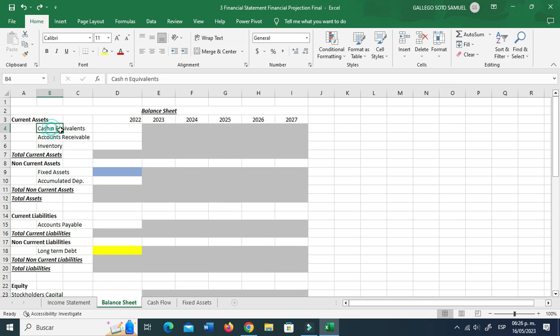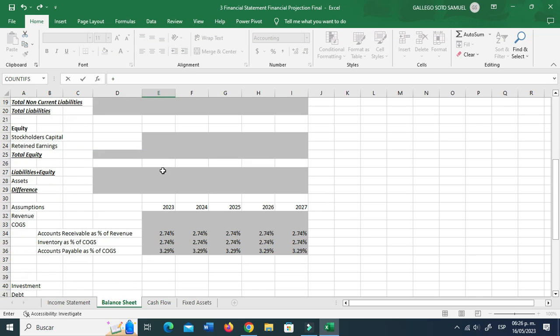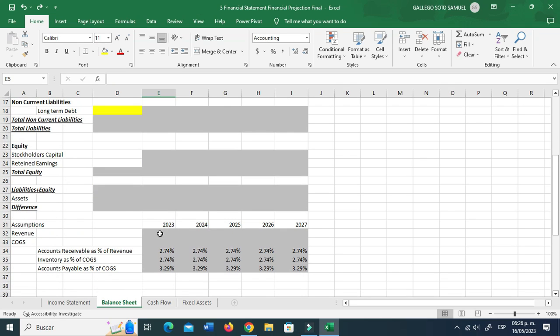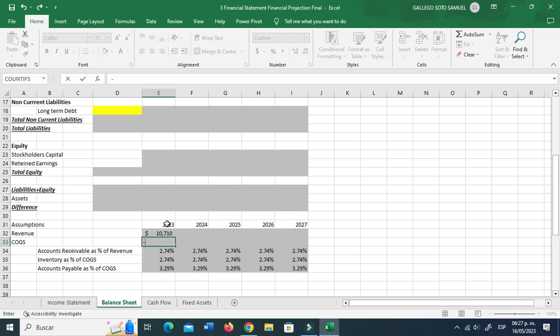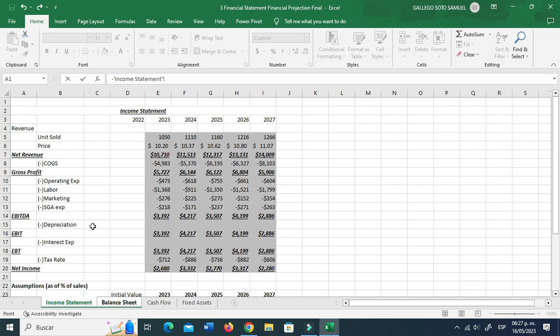we can't get the cash and equivalents yet, but we're going to be able to find the accounts receivable. So let's go ahead and do that on the inventory. Let's pull this information from the other table, which is the revenue. So the net revenue, and let's use a minus to get the COGS, which is this.